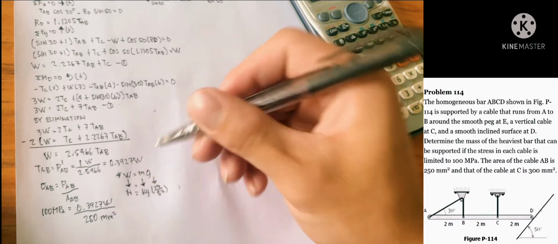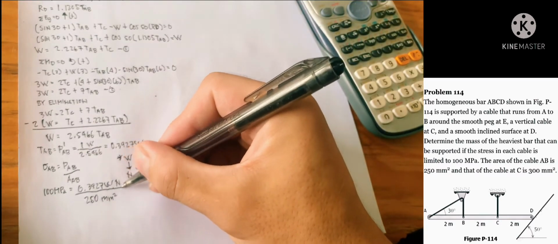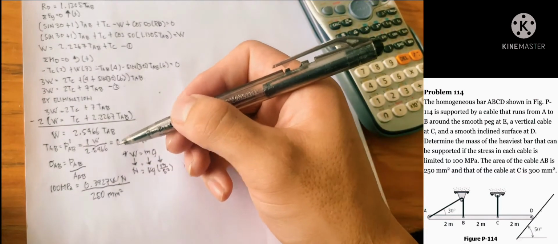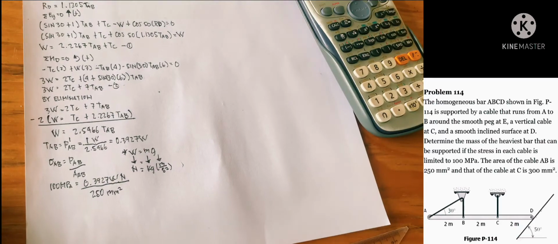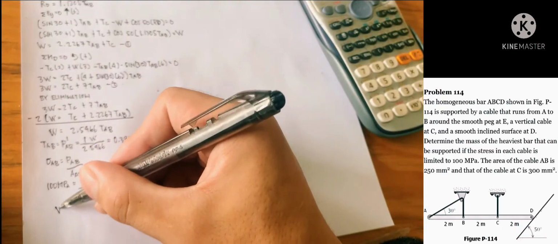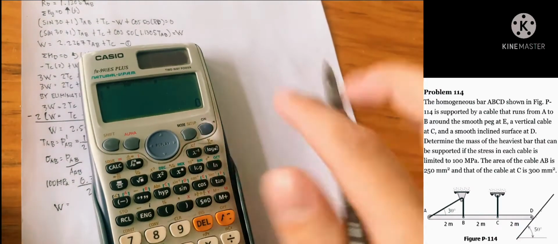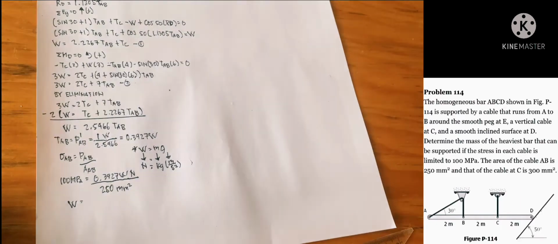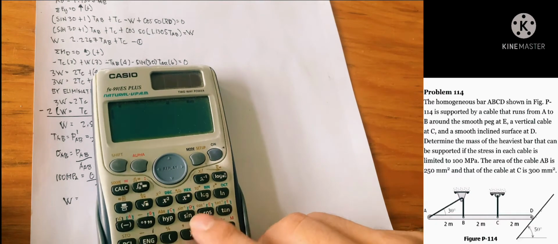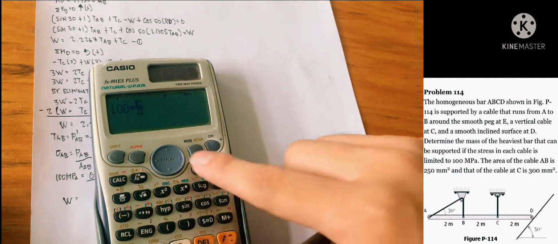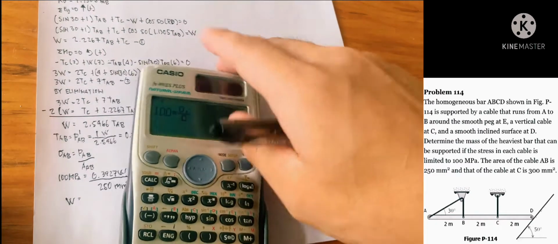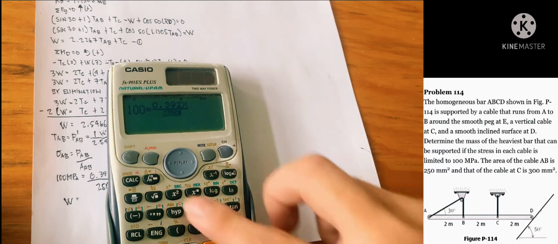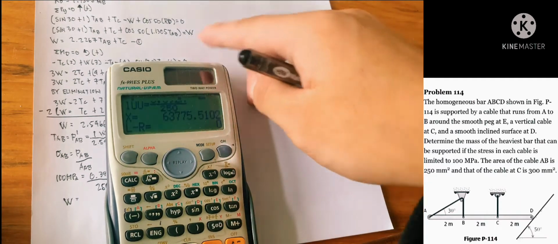Anyways, weight has a unit of newtons, mass is in kilograms, and gravity is meters per second squared. So our weight equals 0.3927.